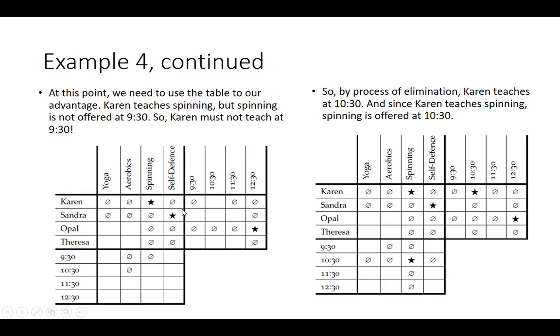So let's put a no with Karen and 9:30, which leaves only one option. Karen teaches at 10:30. Mark Karen and 10:30 a yes. Mark everybody else at 10:30 a no.